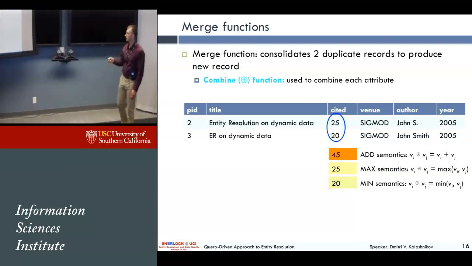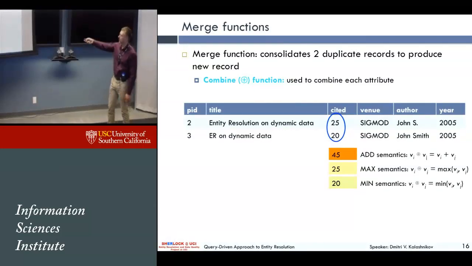For example, with something like Google Scholar, which splits papers, say you have paper 1 and paper 2 that are in reality the same, but split because people refer to papers separately. In Google Scholar, you would want to use something like add semantics.